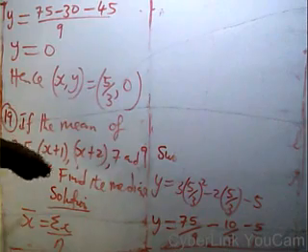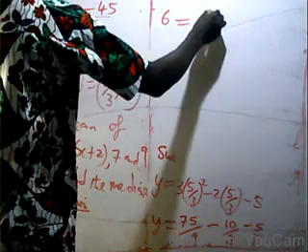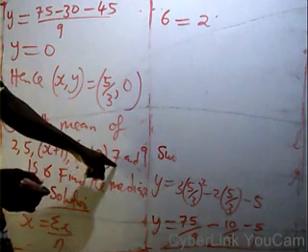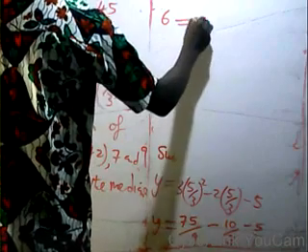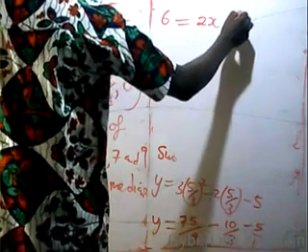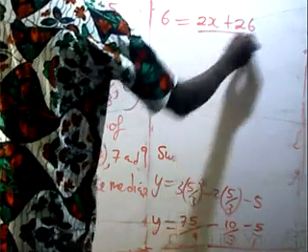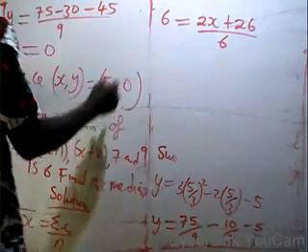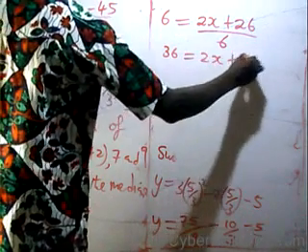Our mean x bar, which is 6, is equal to 2x plus 26 all over 6. You calculate that, you have 36 is equal to 2x plus 26.